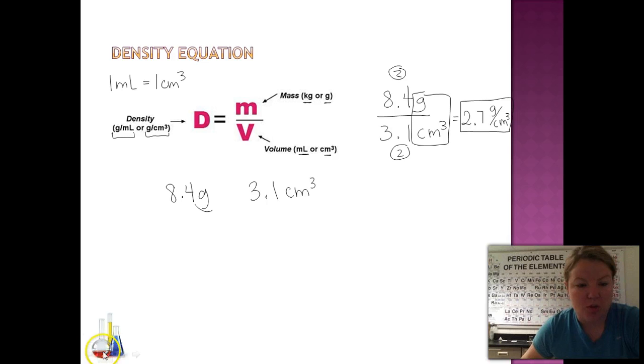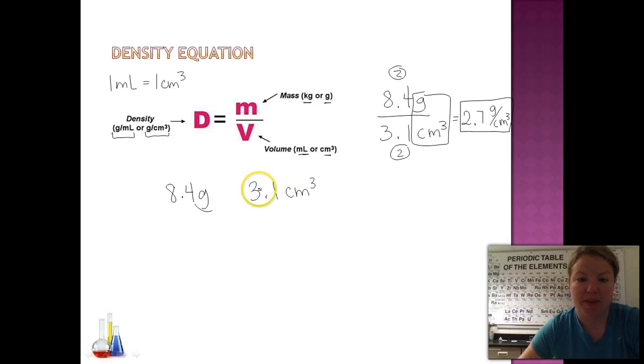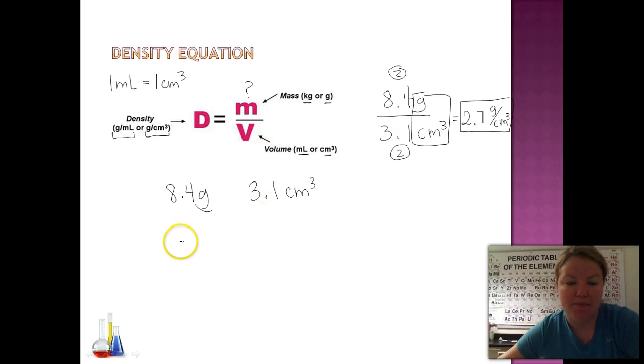Okay, so just one more thing before we switch slides, and that would be to manipulate this equation. So sometimes we'll be given the density and the volume, and we'll want to know what mass is. And this is just a simple manipulation. So to really show how we do it, you have density equals mass over volume.